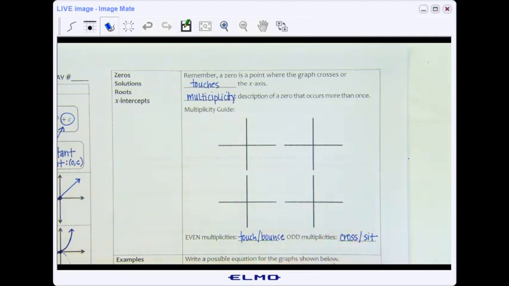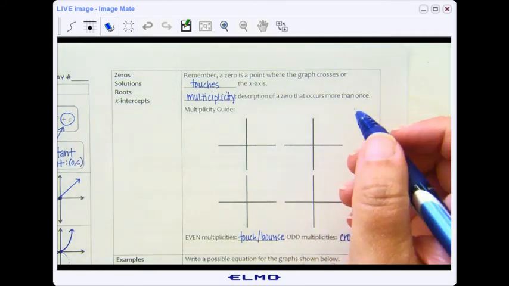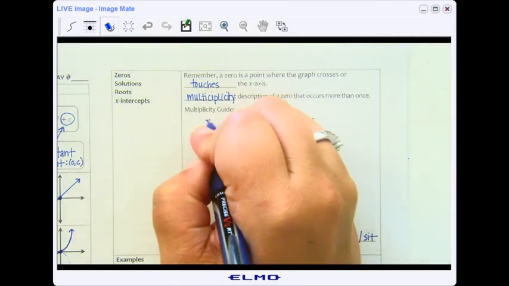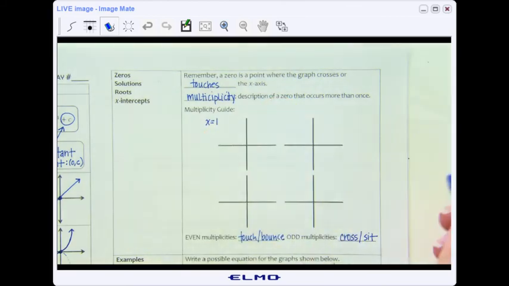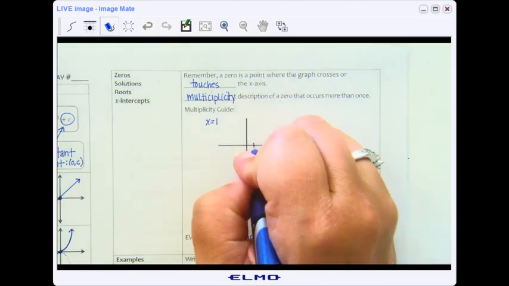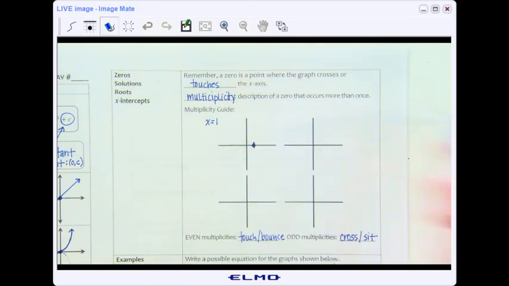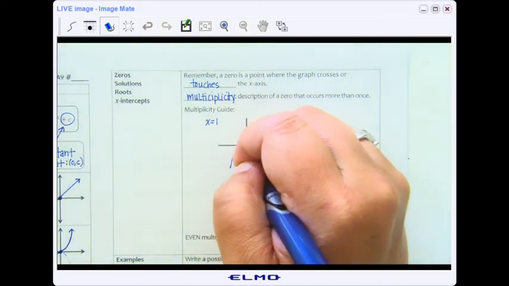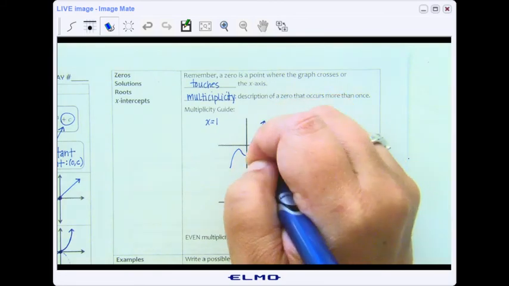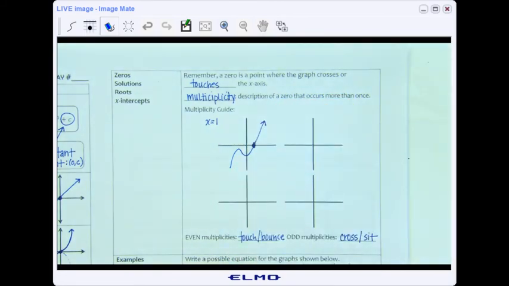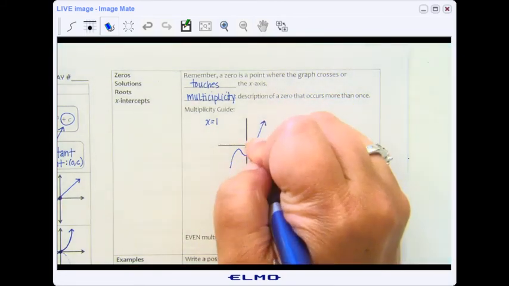So if you have a zero that occurs once, so let's say x is equal to 1, and we only have one zero, then this graph will cross the x-axis at x equals 1. It crosses here.